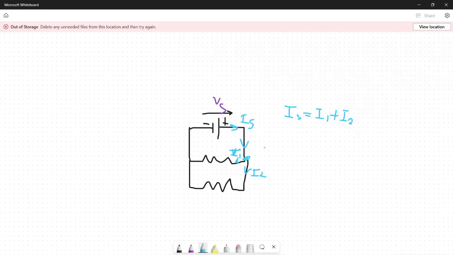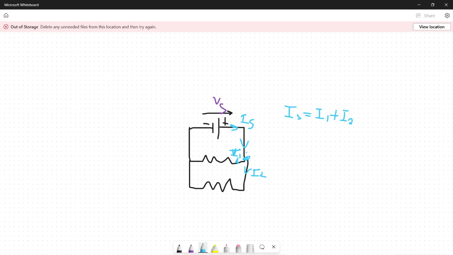Now, why is it the sum? Well, if we think about electrons flowing through this, we're not going to lose electrons at any stage of the process. It's like water in a giant tube that splits. Some of the water is going to go one way, some of the water is going to go the other way. And that water is going to be dependent on the size of the tube, the amount of water going through each one, which is based on the resistance, because the size of the tube is the resistance.